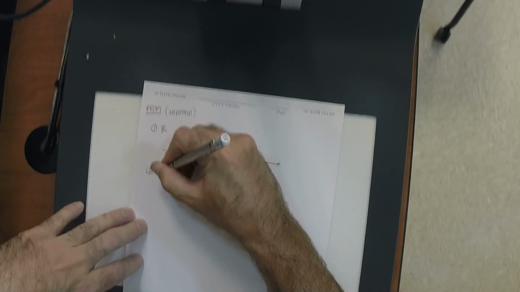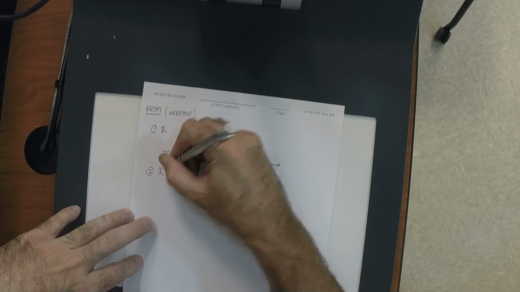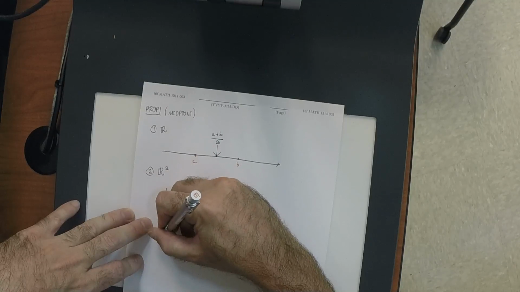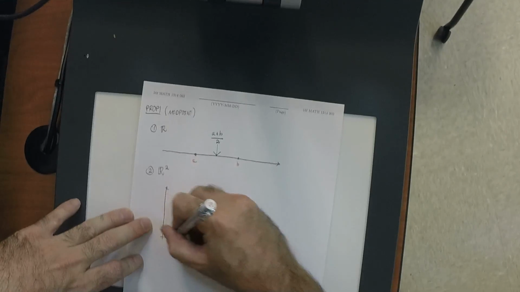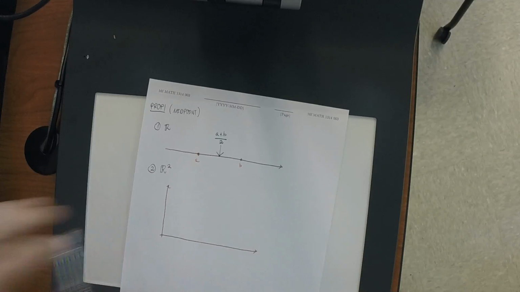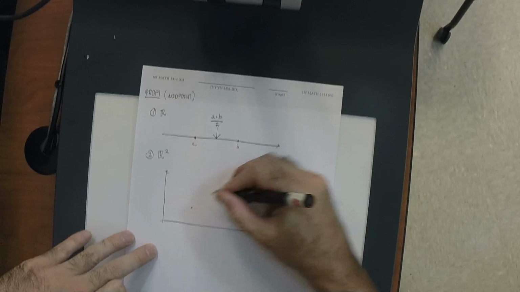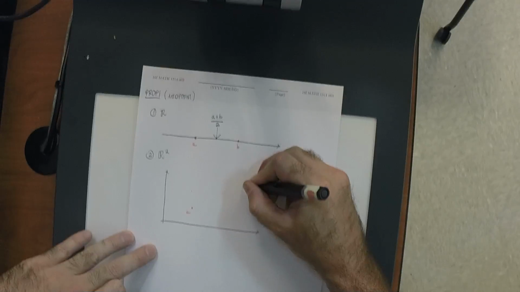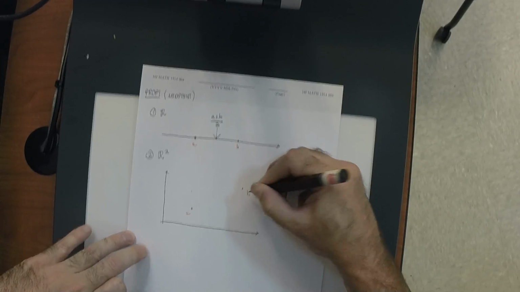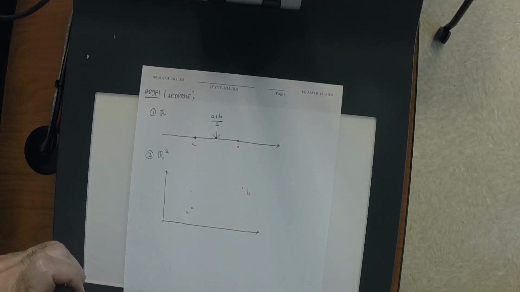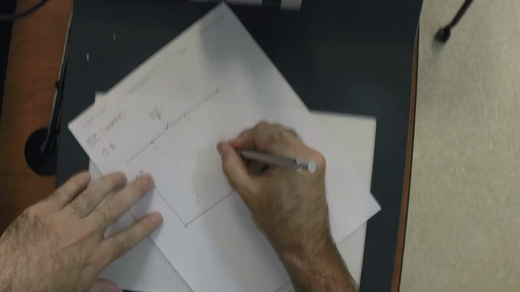Now we want the same thing for the plane. So again, we have a similar story: here's point A and here's point B. And conceptually, there is a line segment that's joining them.